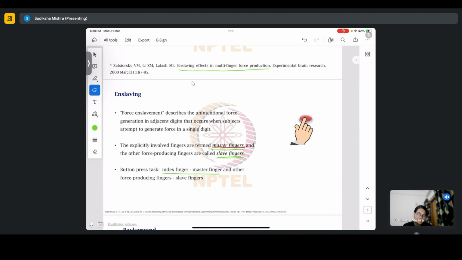In that case, your index finger is a master finger, whereas the others are slave fingers. It's important to note that the thumb is usually not subject to force enslavement, because the connections and the tendons that are supplied to the thumb are separate from the ones that are connected to the other fingers.